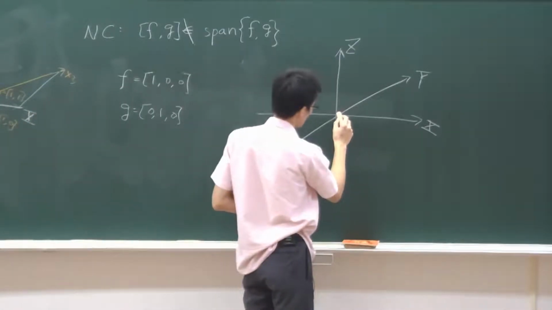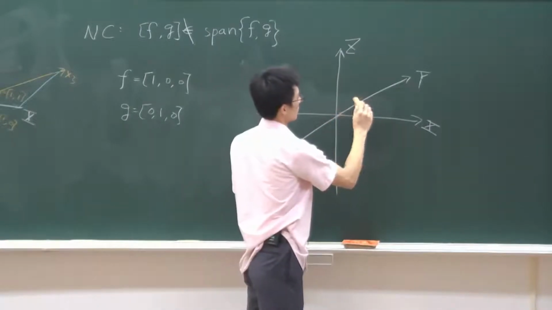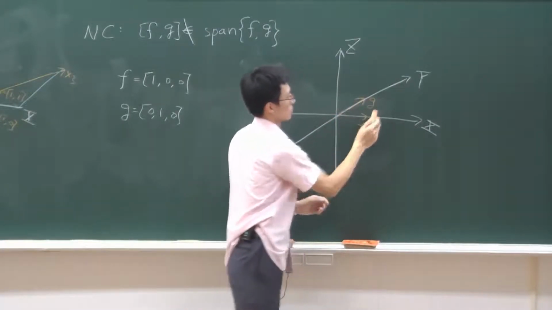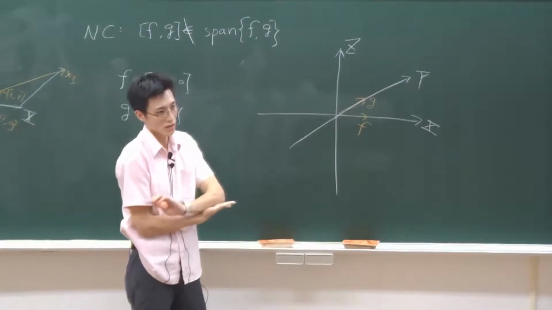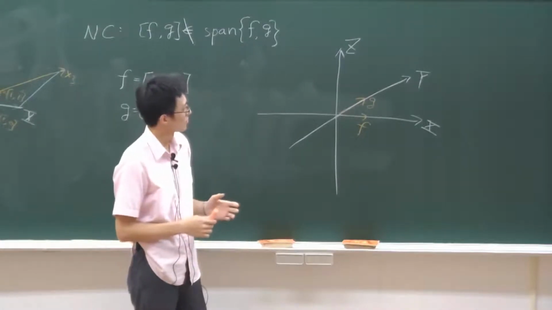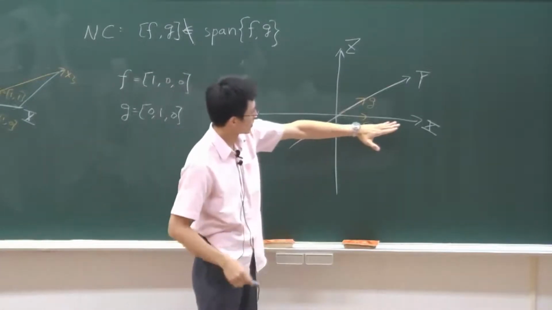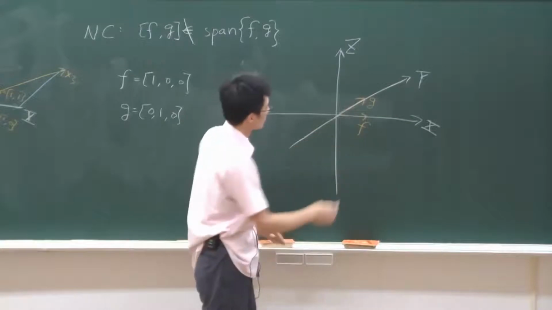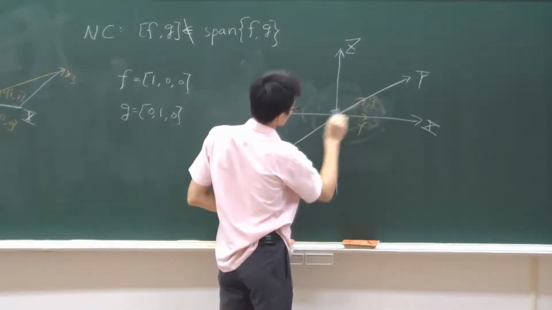Sorry, F is here. What is G? Here, right? What's the span of F, G? A 2D plane, right? The span of F, G will be the xy plane. It's anywhere in this plane.